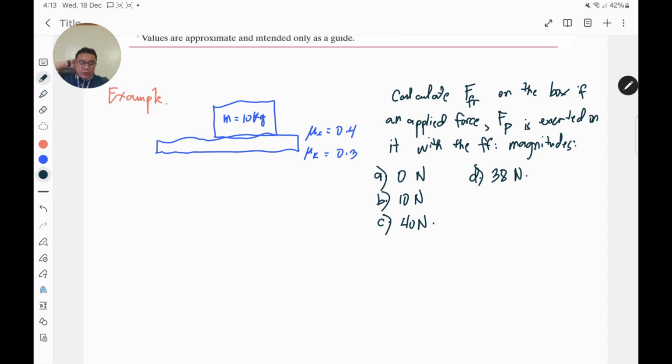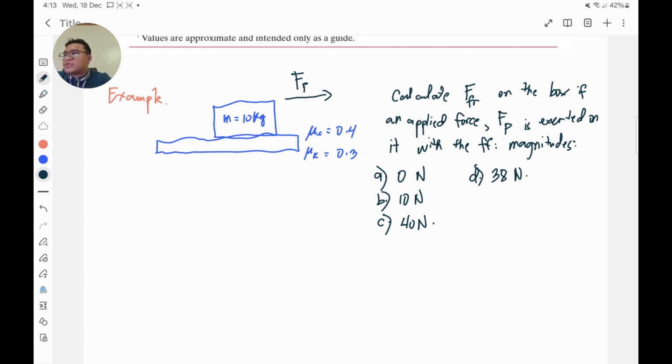Basically, what this question would like to tell us is that if a force, which we refer to as F sub P, is exerted on this object, and we can assume that the force was exerted in this direction, we want to calculate the frictional force on the box with the following magnitudes. A, if we exert 0 newtons. Letter B, 10 newtons of force. C, 40 newtons of force. And letter D, a force of around 38 newtons.